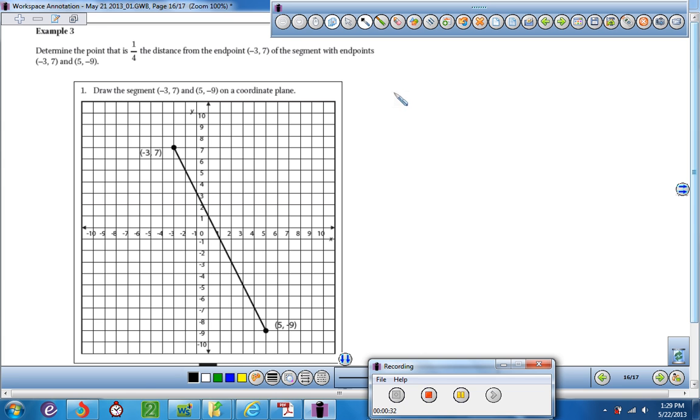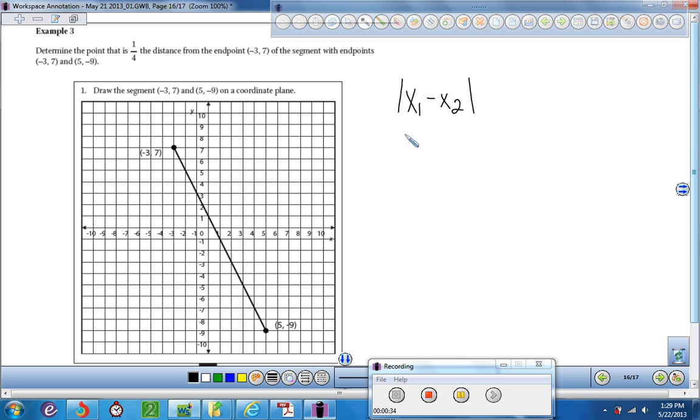We're going to say x1 minus x2 and take the absolute value of it. So -3 minus 5 gives us -8, and the absolute value of that gives us 8. So that's the difference in the x values, 8 units. From here to here in x is 8 units.